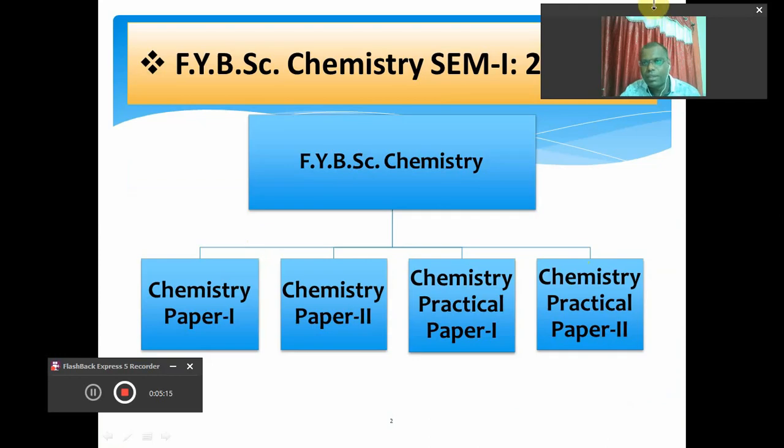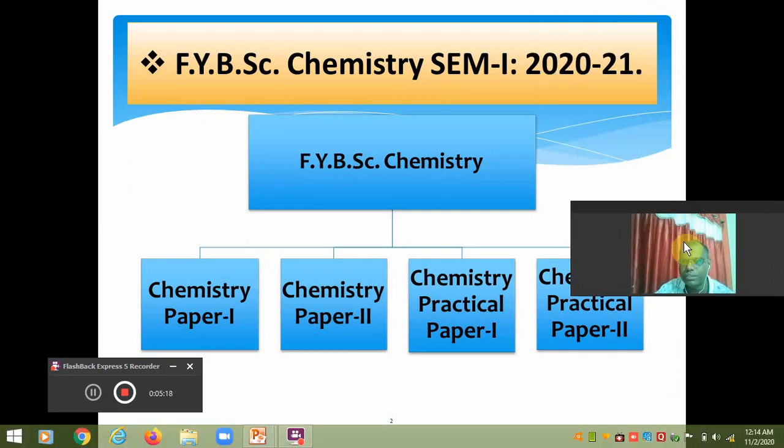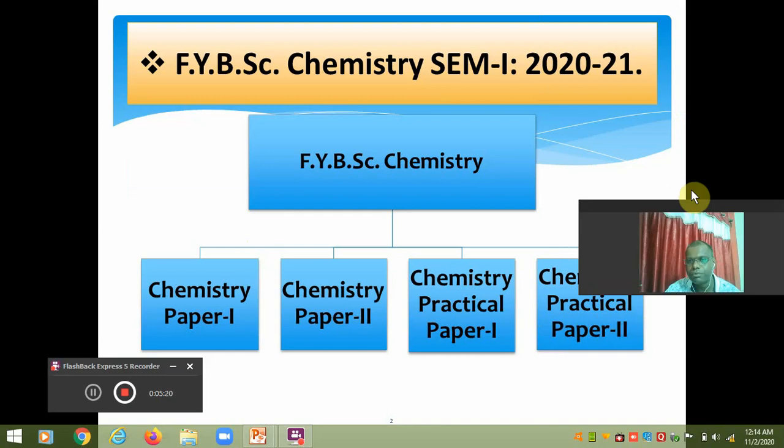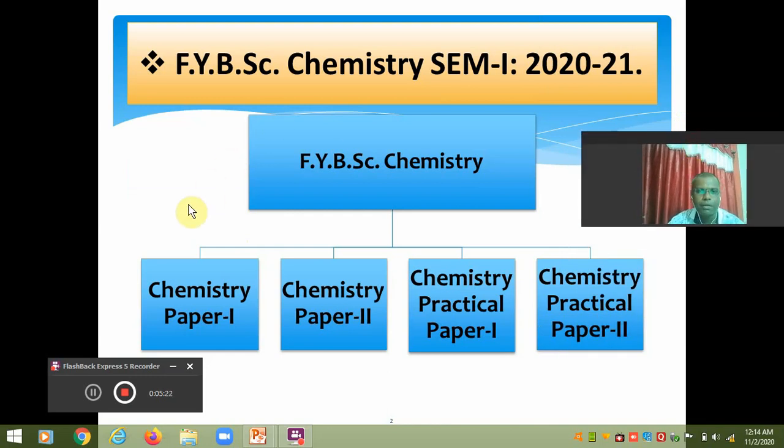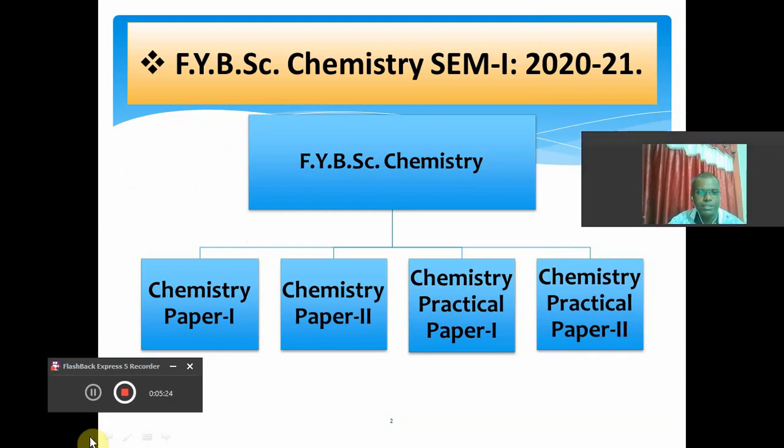Dear friends, as per our earlier discussion, in the first year BSc you will have two theory papers and two practicals. In semester 1 as well as semester 2, you will have chemistry as a compulsory subject.